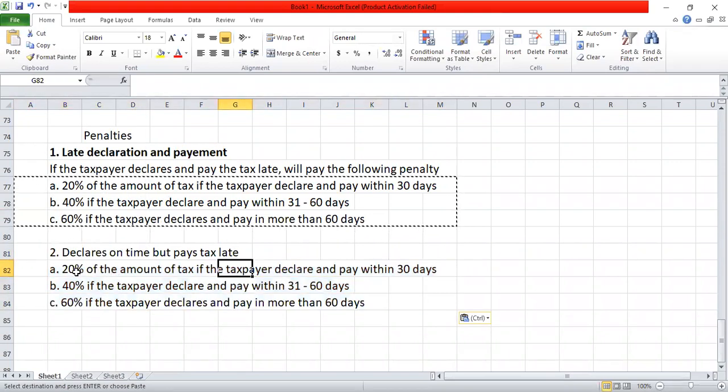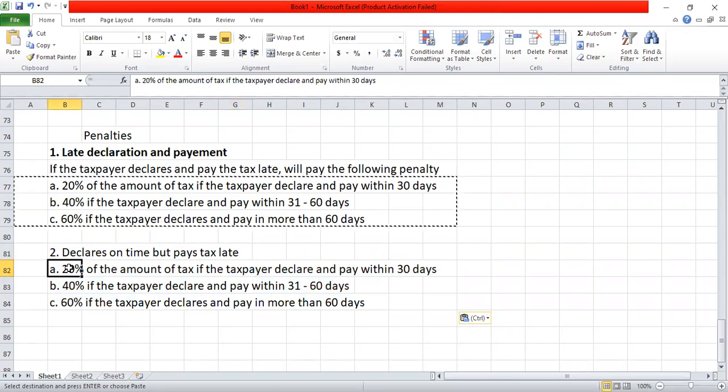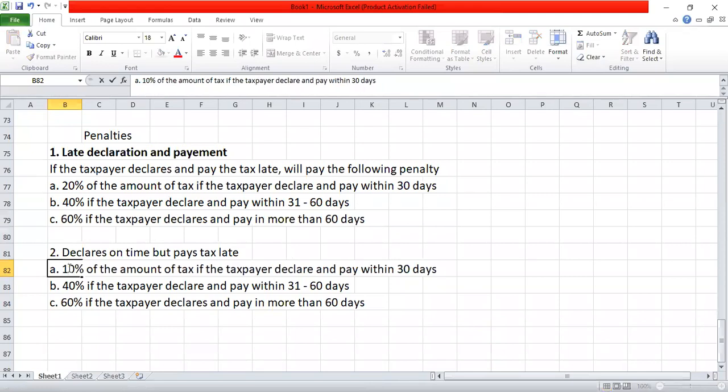So if a taxpayer declares tax on time but pays the tax late, he will be charged a penalty of 10% if the tax is paid in 30 days. The penalty will be 20% if the tax is paid between 31 to 60 days. And the penalty is going to be 30% if the tax is paid in more than 60 days.